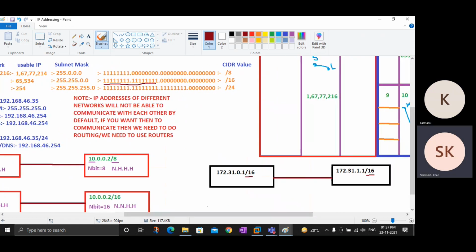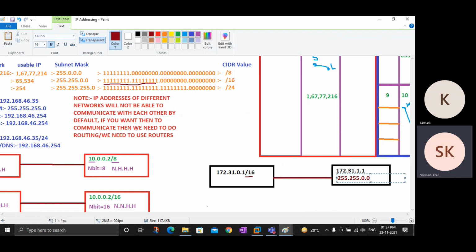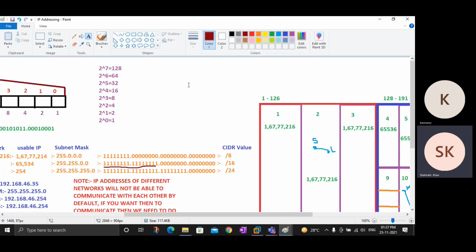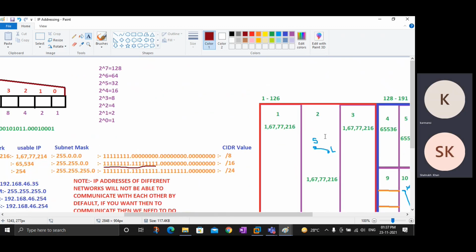In some cases, instead of slash 16, they might give you the value like this, 255.255.0.0. In that case, you also need to remember the subnet mask, or how to convert this subnet mask into binary by using this block formula. Understood.